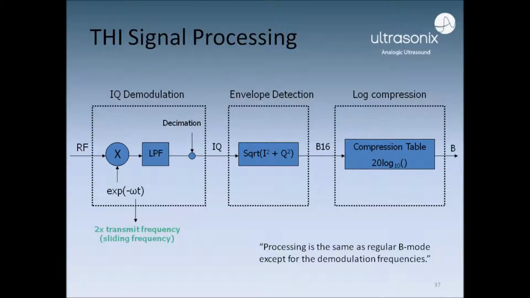The only difference is that in the IQ demodulation block, the sliding frequency of exponential of minus j omega t is not the same as the frequency of the transmitted pulse, but it is a multiple of it. Usually the second harmonic is investigated. In this case, the frequency would be double the transmitted frequency. The other processing steps are the same as conventional B-mode imaging.